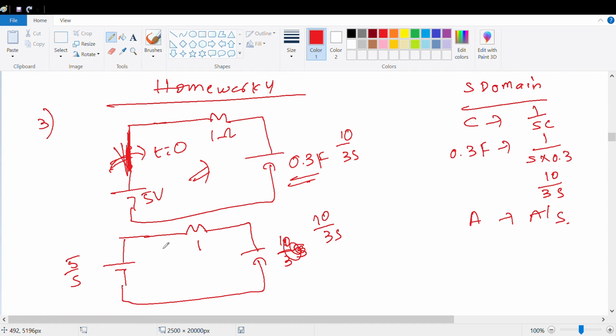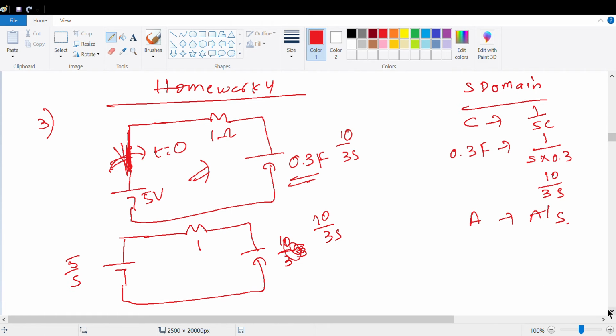So uncharged means there is no charge here, and after that we have to find the voltage across the capacitor, and then the rise time, time constant, and settling time.